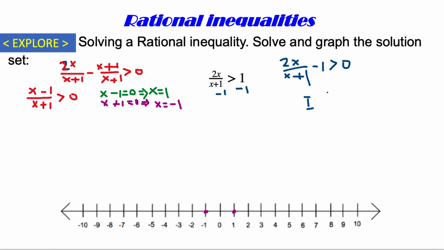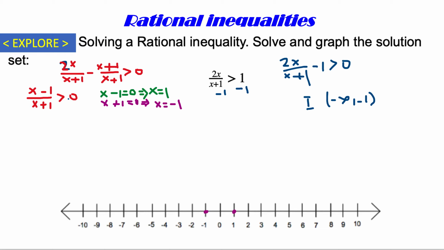Let me write the interval we are taking: from minus infinity to minus 1, with a parenthesis because this is an open interval.